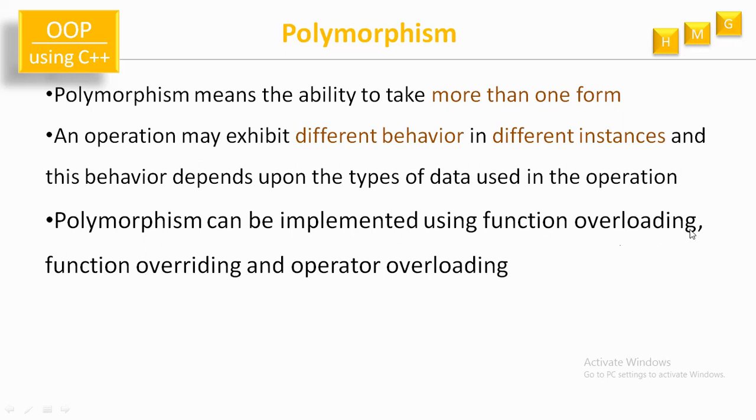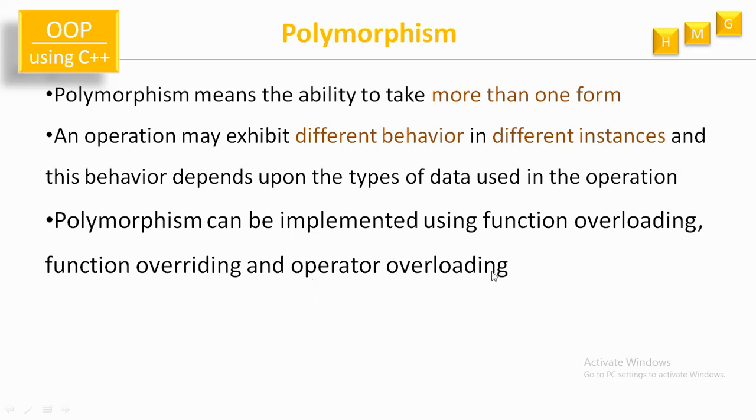If I provide three sides of a triangle as arguments to the function, it will find the area of a triangle. So like this, the function is one, that is area, but it will behave differently at different instances depending on what type of argument you are providing to that function, that is function overloading, and that is an example of polymorphism.